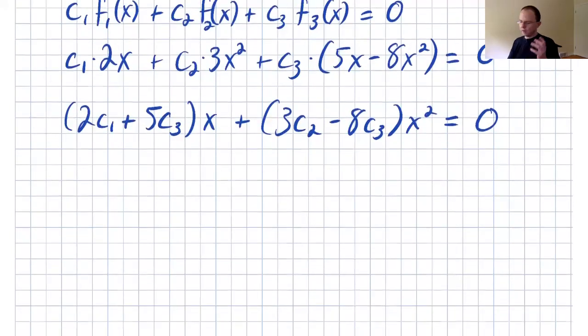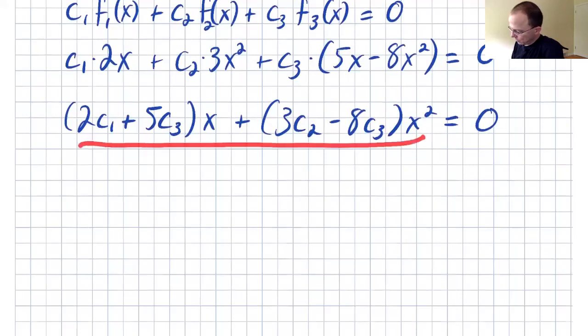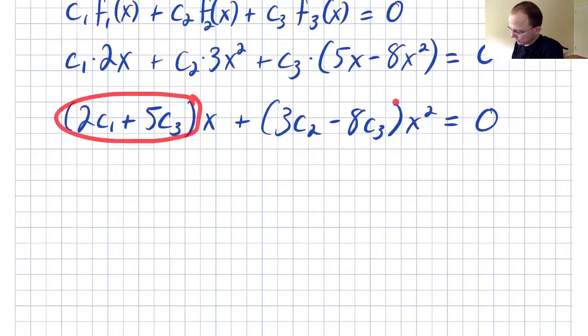Now, if you know something about polynomials, you'll know that the only way for a polynomial to be equal to 0 everywhere is for its coefficients to be equal to 0.